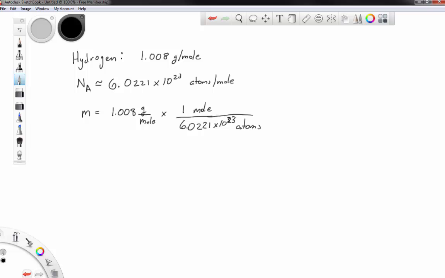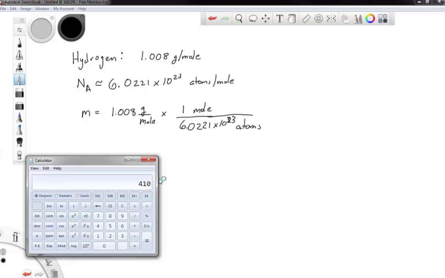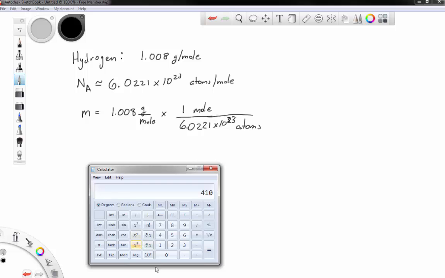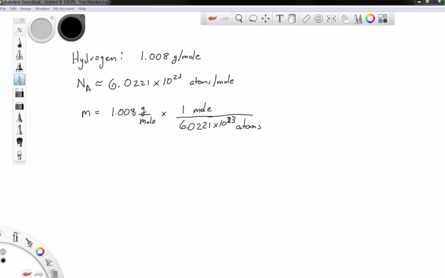This is a nice use of dimensional analysis, by the way, if you want to recall something from the first week of lectures. So we take 1.008, we divide that by 6.0221, you get 0.1673837, blah blah blah, and then there's a 10 to the minus 23 in here.